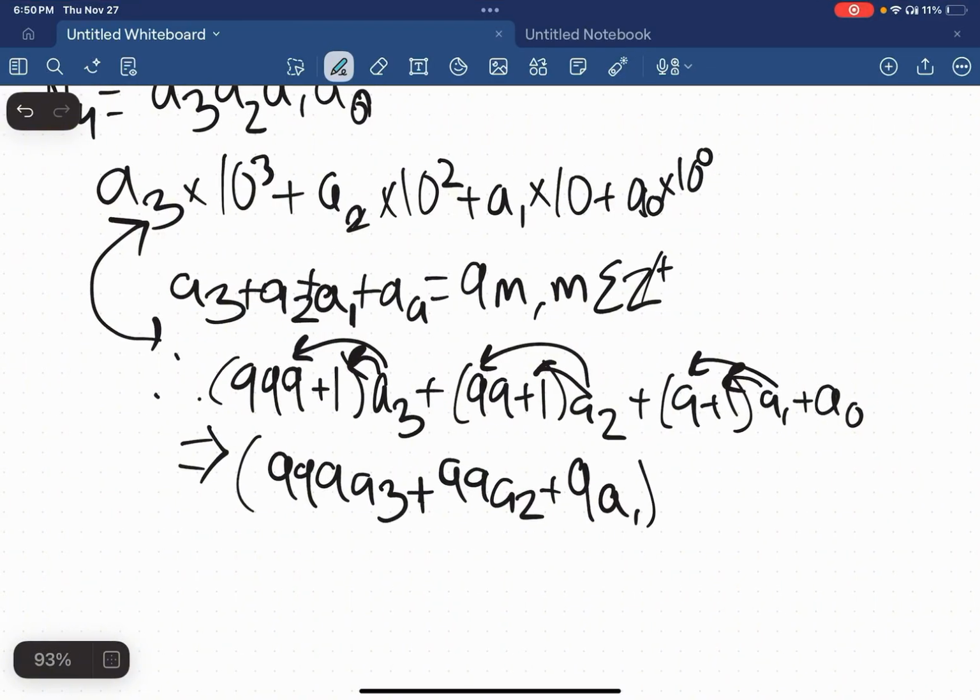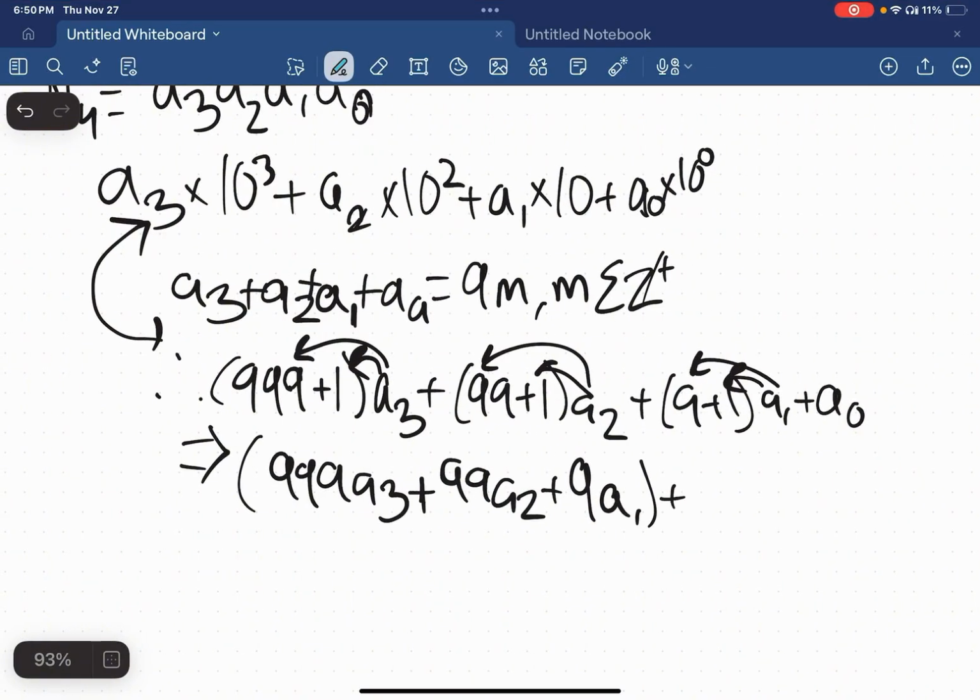And we're going to cut out the A0 because we don't have that there. And that's going to be plus A cubed, well, A3, A2, A1, and A0. Okay, can agree on that.